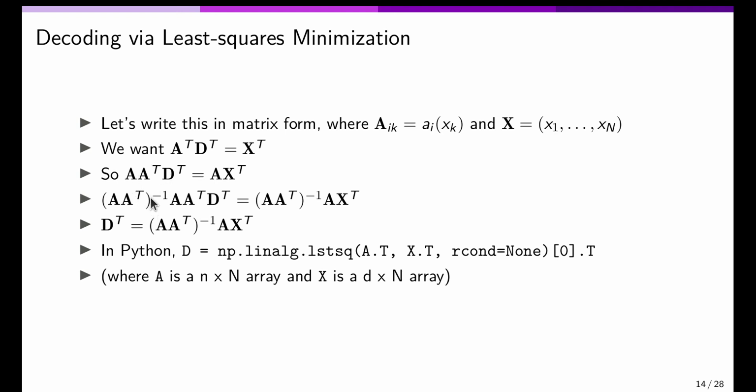So now I can multiply both sides by the inverse of that AA transpose. This thing and this thing now cancel out, so D transpose is (AA transpose) inverse times AX transpose. This is the Moore-Penrose pseudo-inverse, if people have done that in algebra.